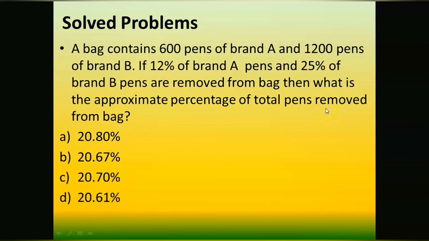So we are asked to find the approximate percentage of total pens removed from the bag.